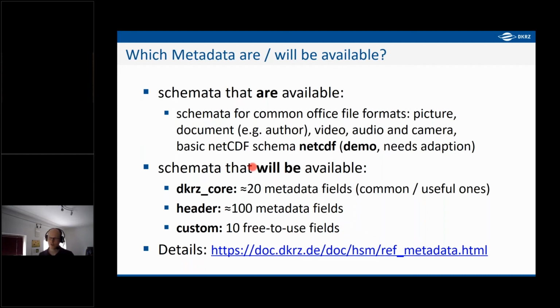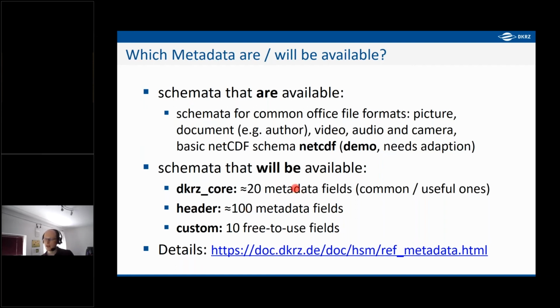In future, when the system is running, we will have 3 metadata schemata for you. The DKRZ core metadata schema with about 20 fields that are quite common fields and which are meant for the everyday user. And then there's a header metadata schema, which contains about 100 metadata fields. This is some extended metadata, maybe also for more automated retrieval of data.